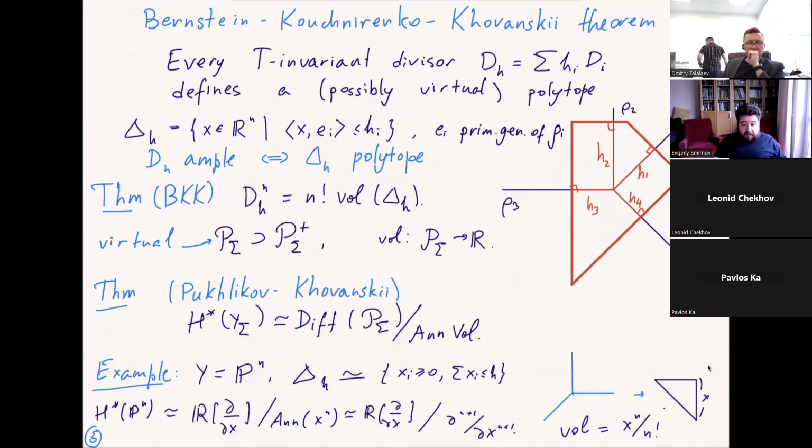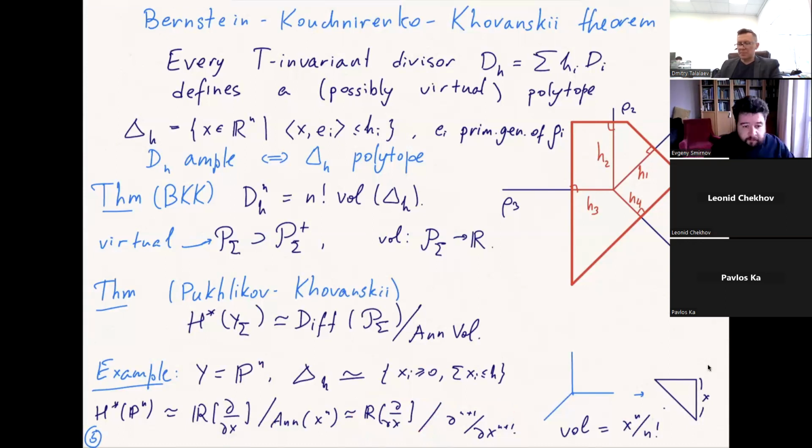And these are exactly the polynomials truncated by the ideal of homogeneous polynomials of degree at least n minus 1. So the cohomology ring of the projective space has one generator in every degree up to the degree of the projective space itself.